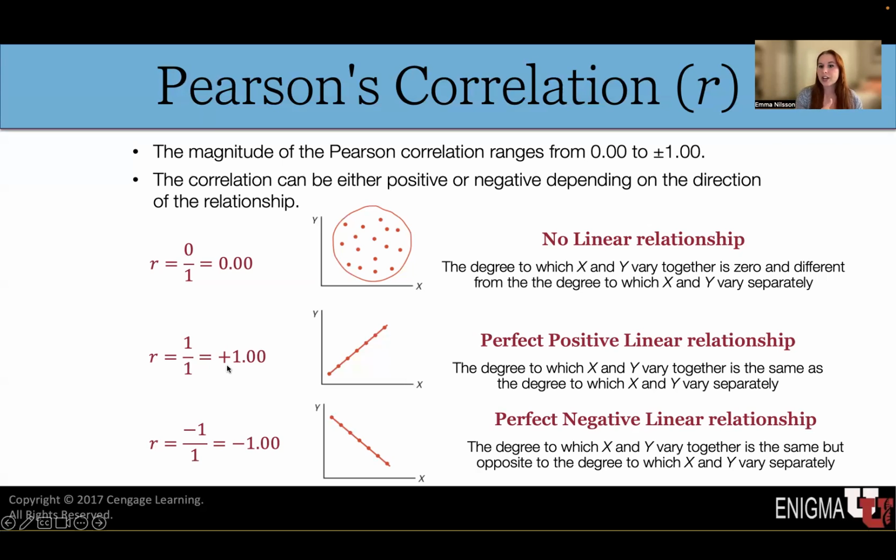The degree to which X and Y vary together is the same as the degree to which they vary separately, because they're always changing together positively. A perfect negative linear relationship is going to be represented by a negative 1. The degree to which X and Y vary together is the same, but opposite to the degree to which they vary separately, because as X goes up, Y goes down in an exact, perfect relationship.